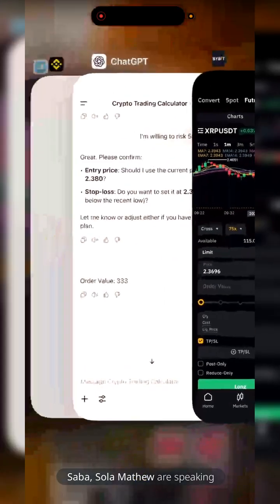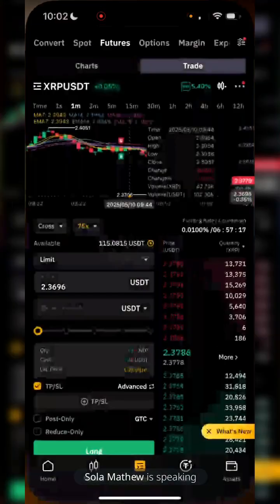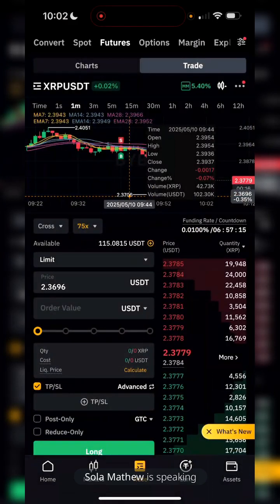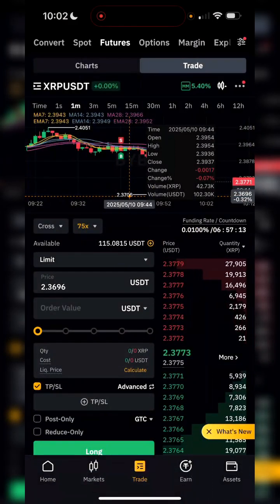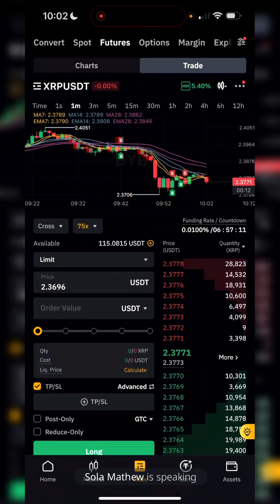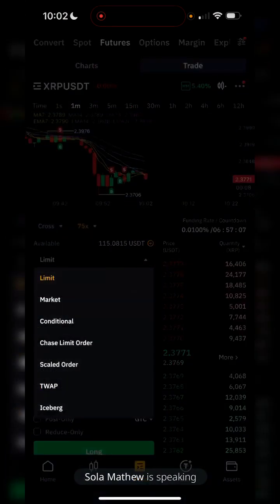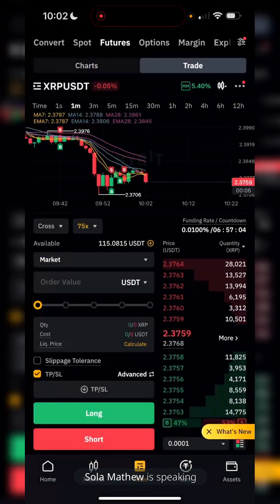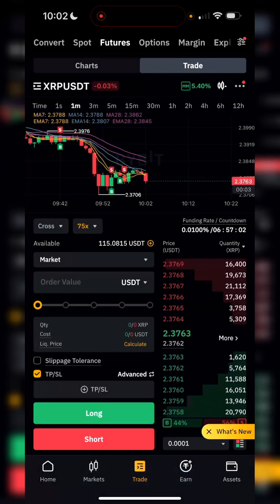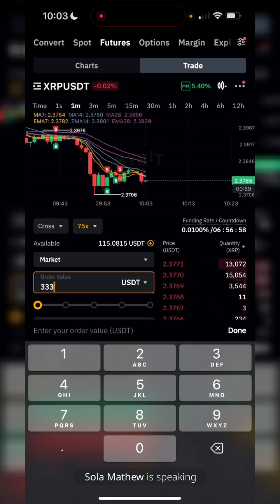The entry is 2.380. But because it has gone down now, I can pick it up from here. I can just put it at market because it has gone down more than 3.380. You see, it will go up now from this point. So I will now put 3333 here.